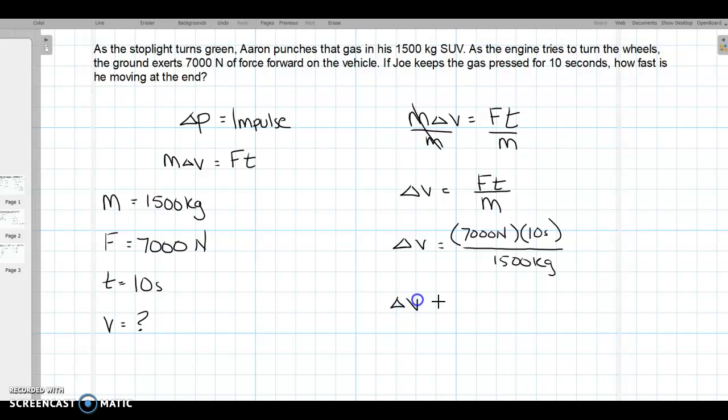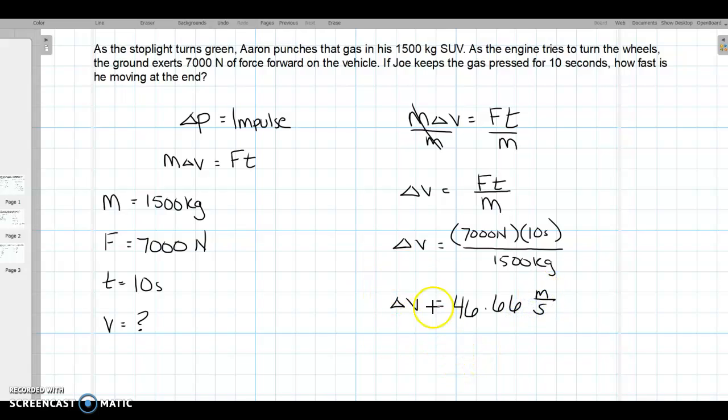All right, so your delta v should be equal to, take 7,000, multiply it by 10, divide it by 1,500. Your delta v should be equal to 46.66 meters per second.